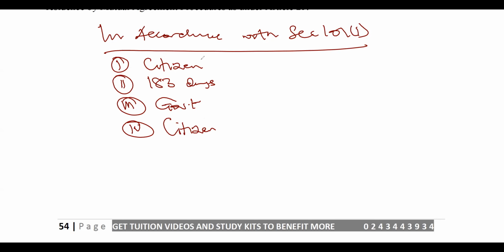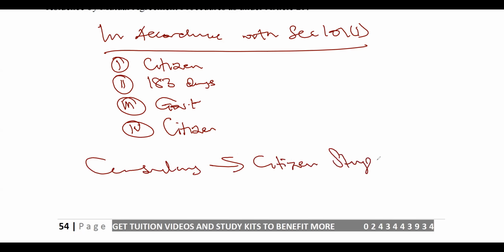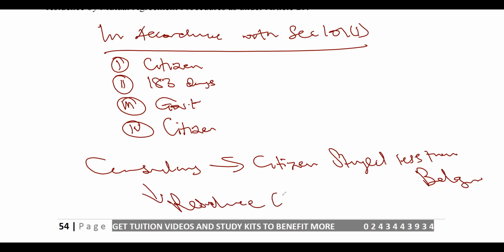So considering Selom's case, Selom is a citizen of Ghana who actually stayed less than a whole year in Belgium, and therefore qualifies as resident under Act 896.